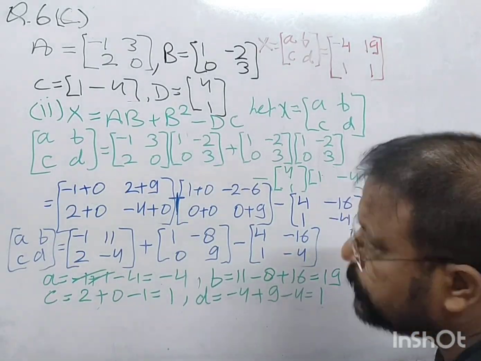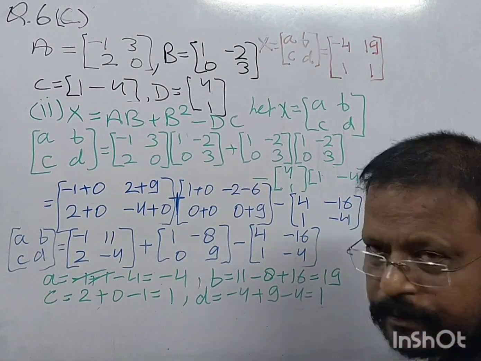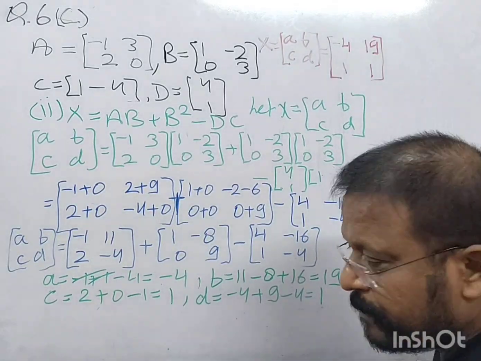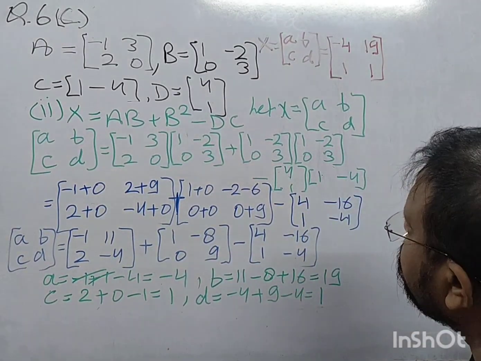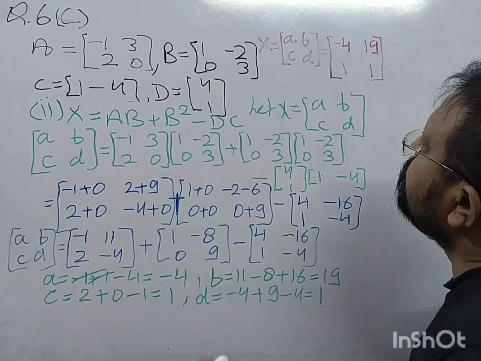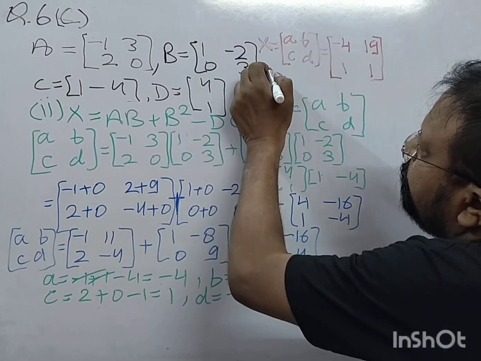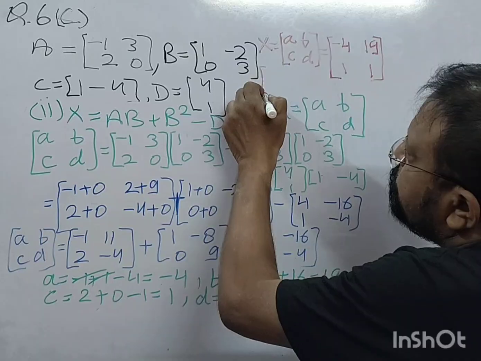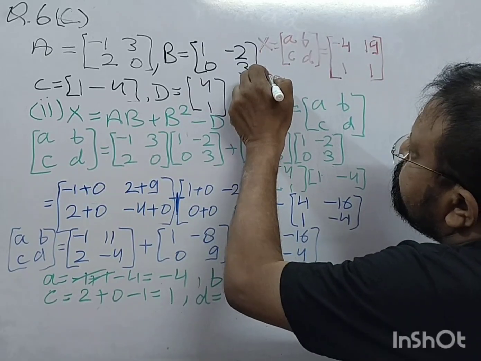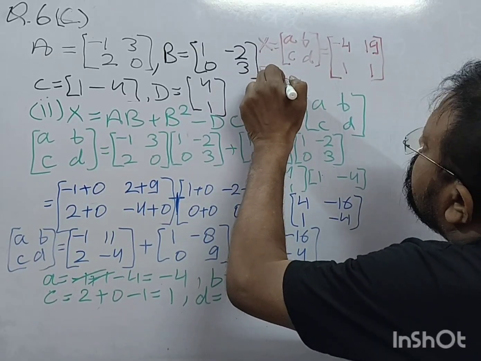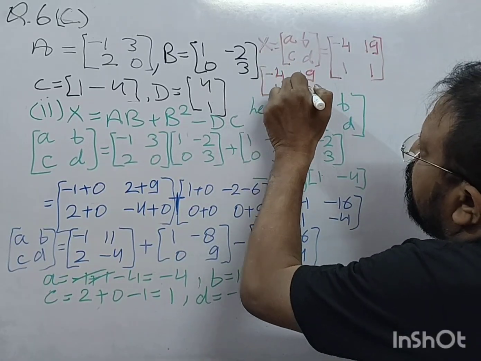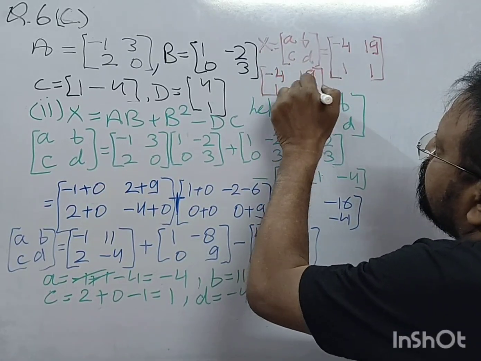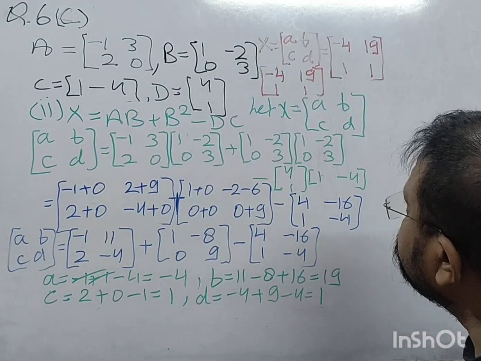Is this correct? We get it from here and then we write it in this manner. So I can write it again. It is minus 4, 19, 1 and 1. Is it correct?